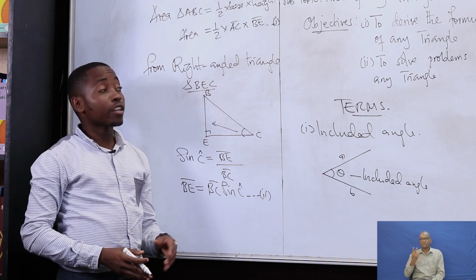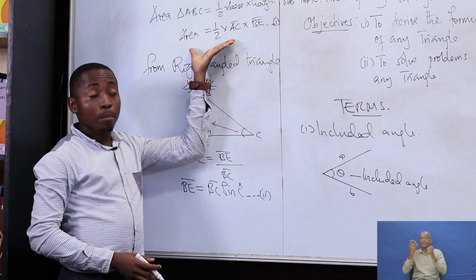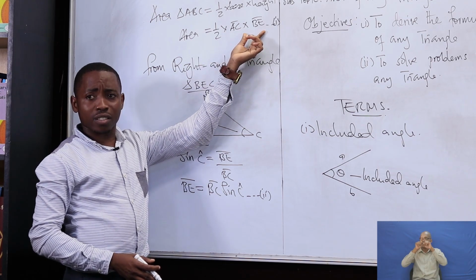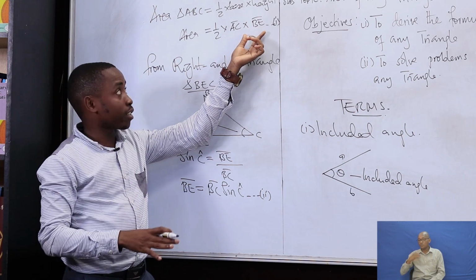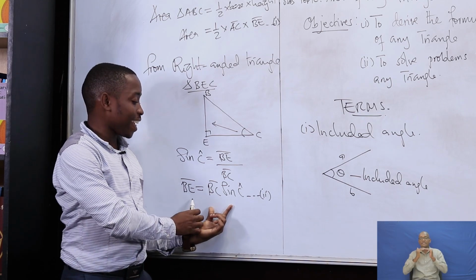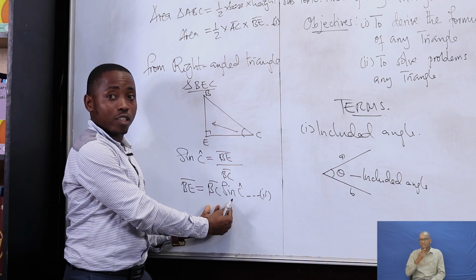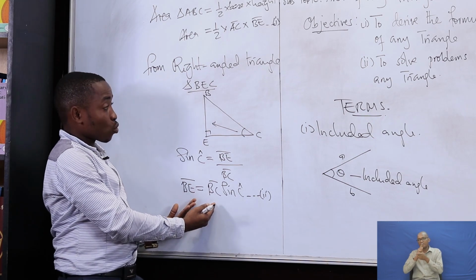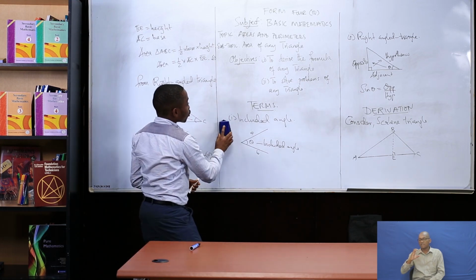The first equation is the general formula of our triangle, but we said we have this side BE which we constructed ourselves, so we have to eliminate it. How do we eliminate it? We use the second formula, which says BE is the same as BC multiplied by sine of angle C. So let us take this one and substitute it in the first equation. What are we going to get?